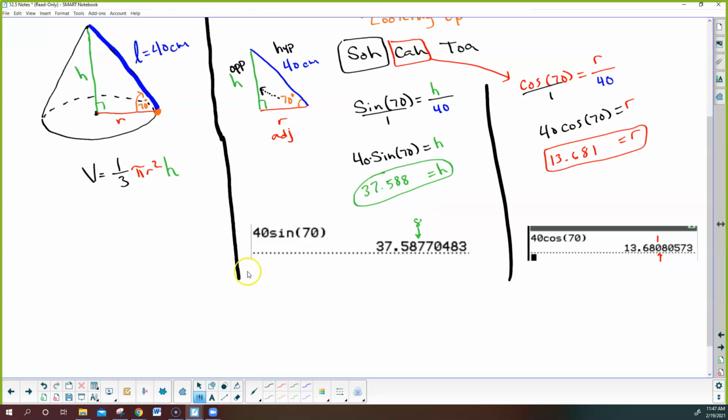All right, well now I have everything I need. I have my height, I have my radius, so we can just plug those into the volume formula. And since our answer already is going to have a good amount of decimals, we're just going to keep all those decimals, and our answer will be a decimal as well.